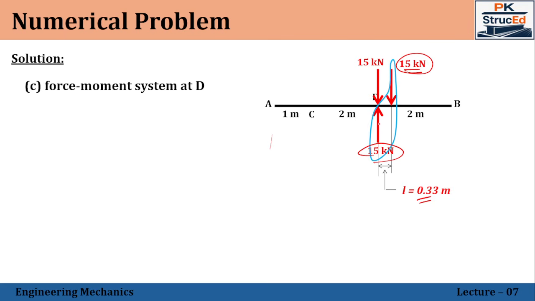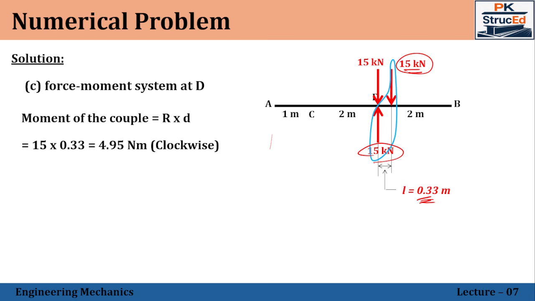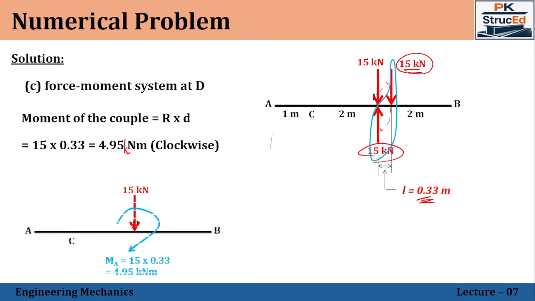Both are acting in the opposite direction with the same magnitude, separated by a distance 0.33 meter. Right. So the moment of the couple will be R into D, that is 15 into 0.33, which comes as 4.95 kilonewton meter. It's a clockwise moment again. Right. So representing in that figure, I'll be getting 15 kilonewton at the point D as well as a couple, that is a moment of 4.95 kilonewton meter.